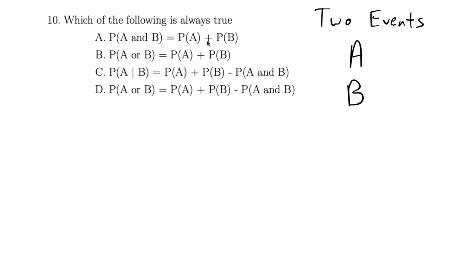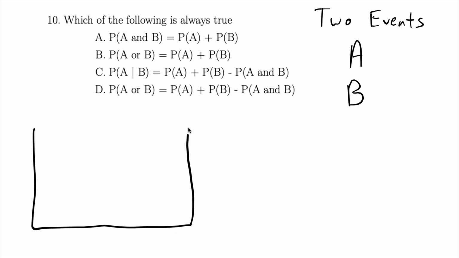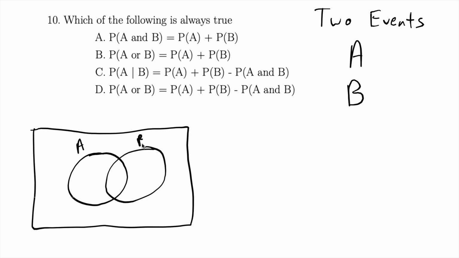That is definitely not true if you think about a Venn diagram situation, and if they weren't mutually exclusive events, that means that the probability that they both happen is this middle area. And if you wanted to calculate that area, could you take the area of this circle and then add the area of this circle? Definitely not.